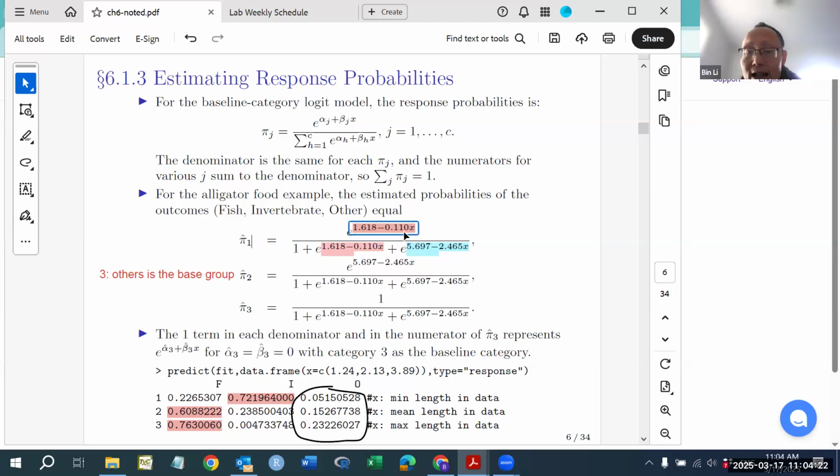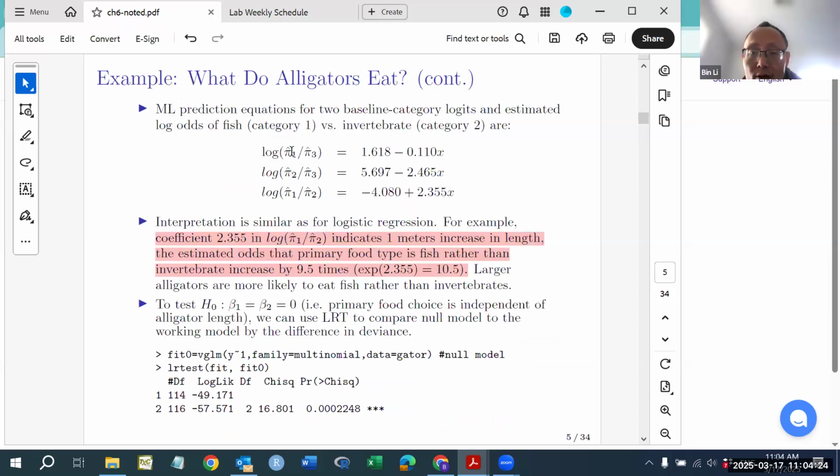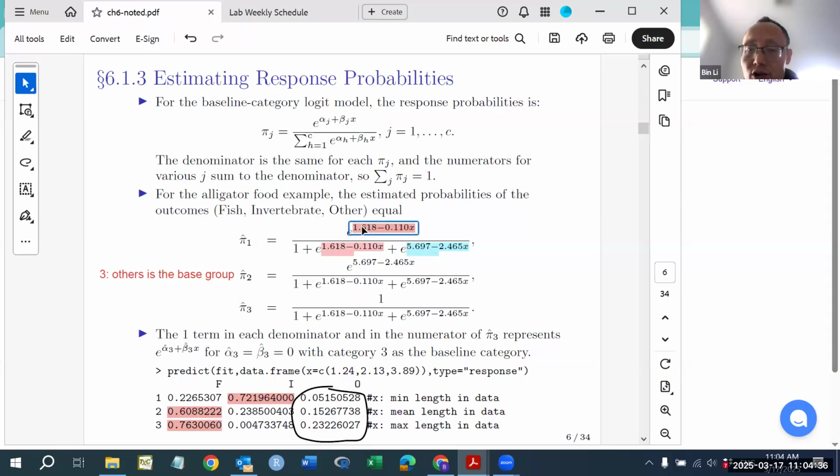That is the equation for the log odds between pi 1 and pi 3.